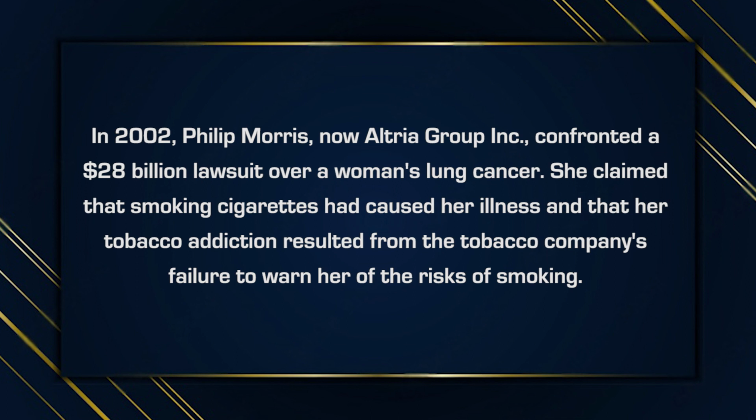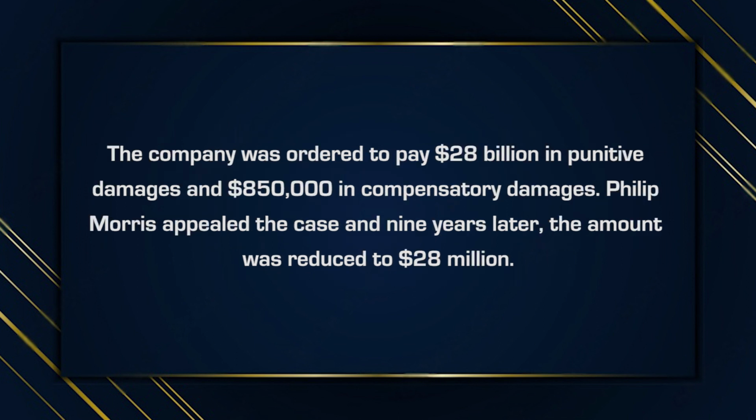She claimed that smoking cigarettes had caused her illness and that her tobacco addiction resulted from the tobacco company's failure to warn her of the risks of smoking. The company was ordered to pay $28 billion in punitive damages and $850,000 in compensatory damages. Philip Morris appealed the case, and 9 years later, the amount was reduced to $28 million.